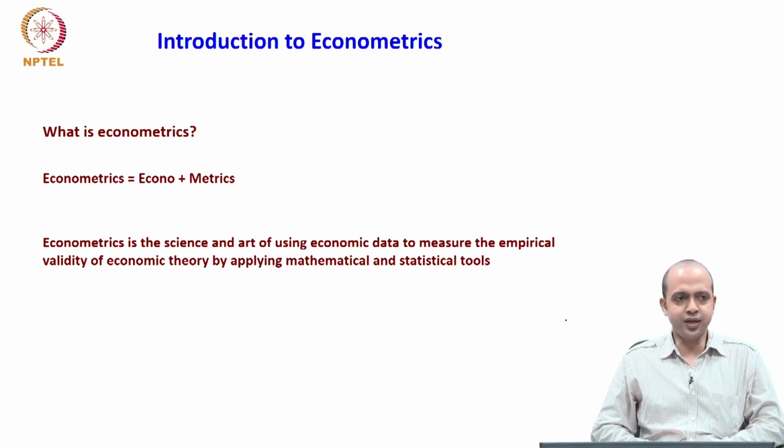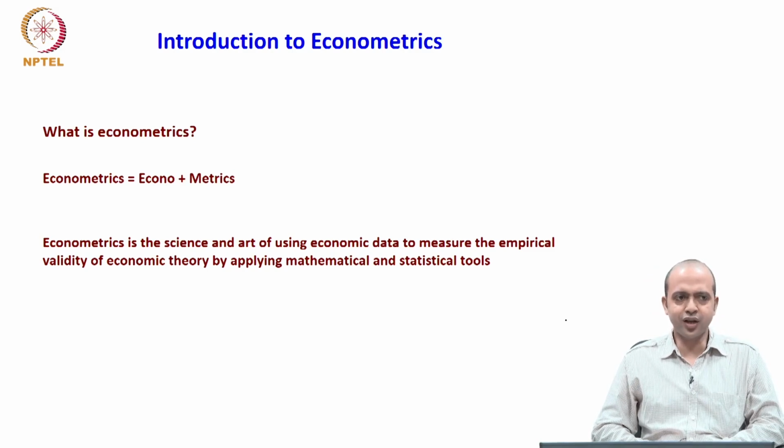Because like any other science discipline, what is a scientific analysis? In scientific analysis you first observe certain things, then gather data, then try to analyze those data, and then you come to a certain conclusion.